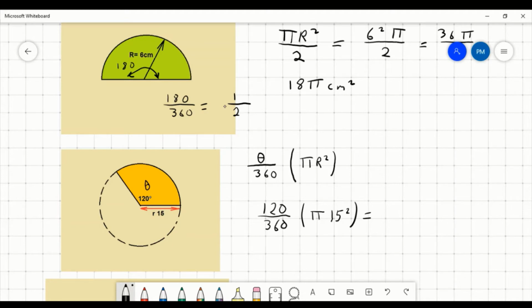So 120 into 120 goes once, and 120 into 360 goes 3 times. So what we're going to get is this multiplied by pi times 15 squared, which is 225.